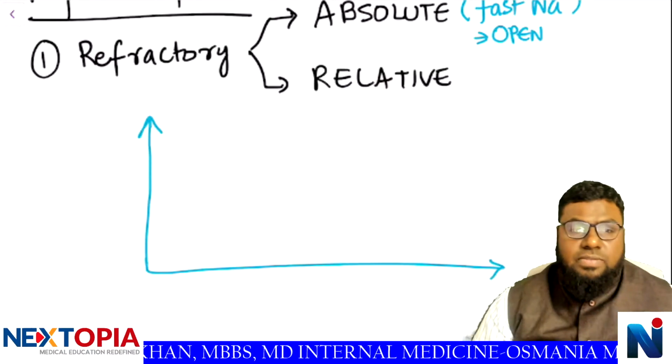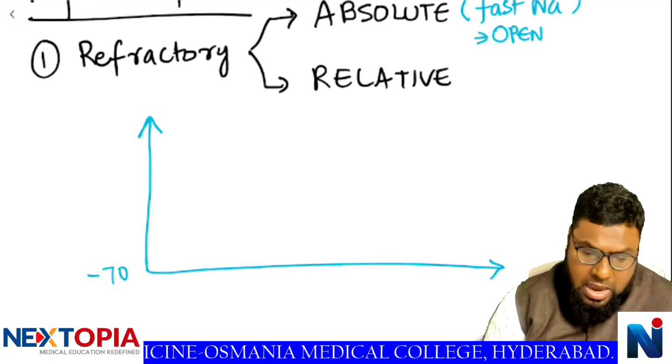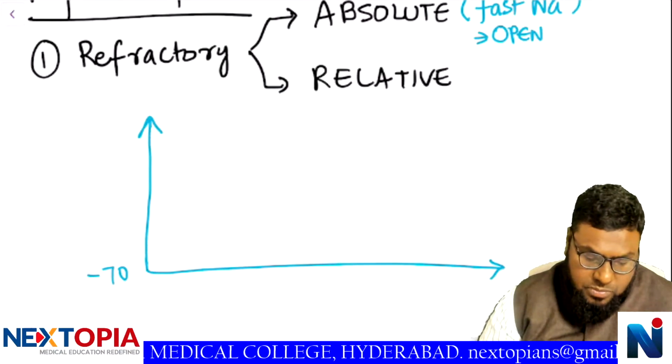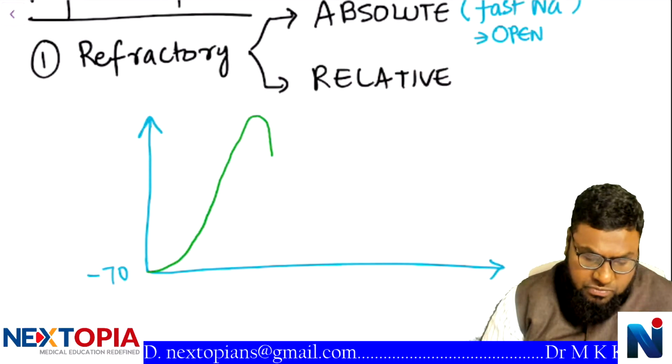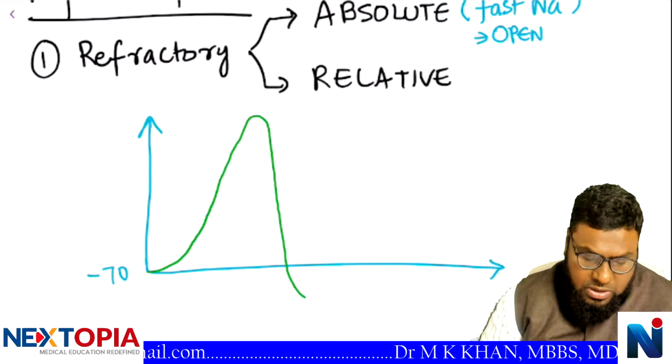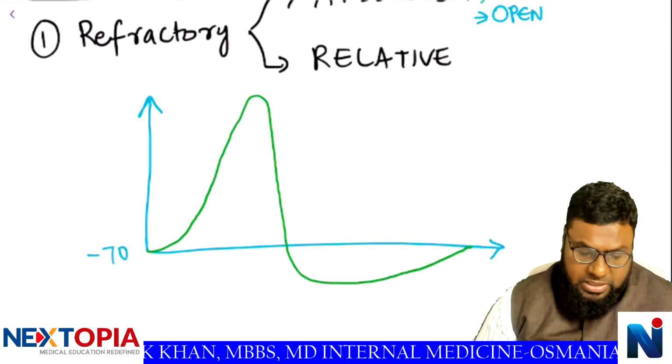Say suppose this is -70. Suppose an action potential is generated: depolarization followed by repolarization. Got it? Depolarization followed by repolarization.